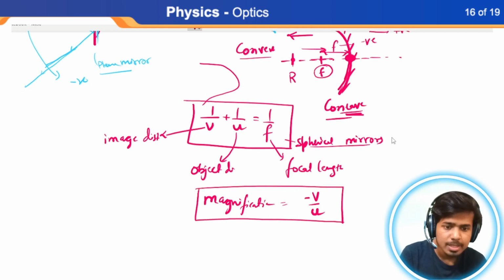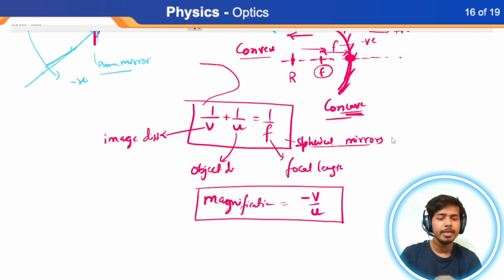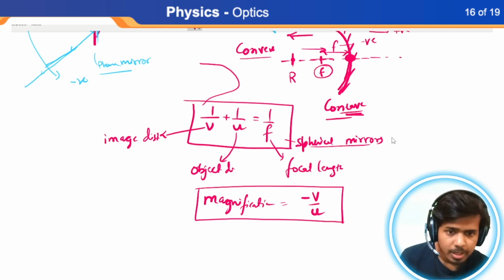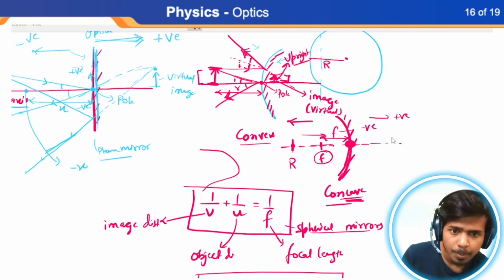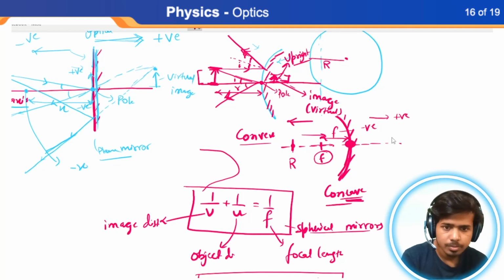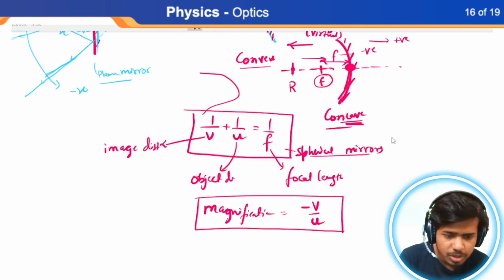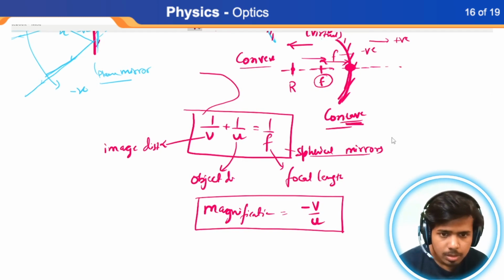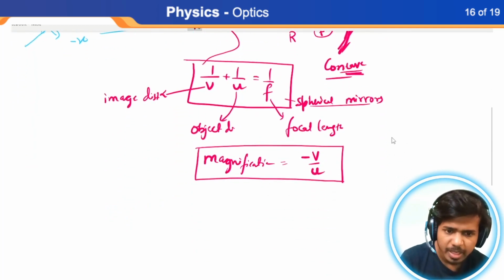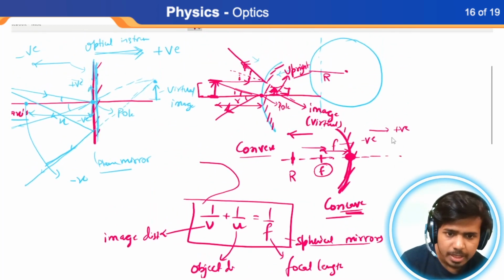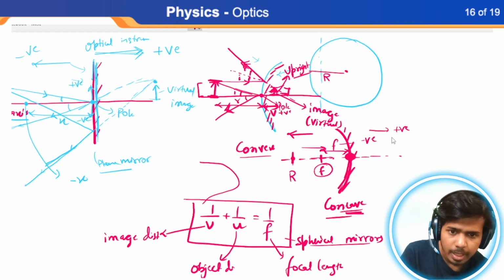This minus represents upright or downward. For example, if the object is upright here, then you just have to apply it. Magnification in this case would be simply, this is v, right? It is positive and it is a negative number.